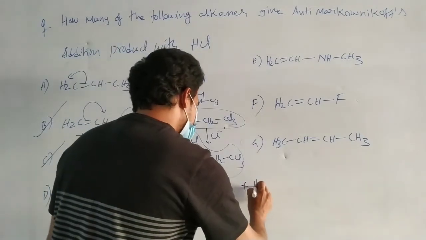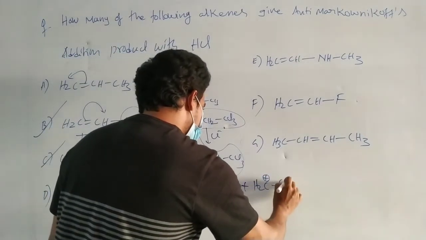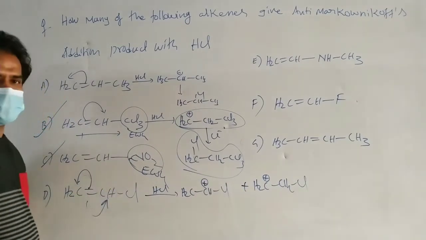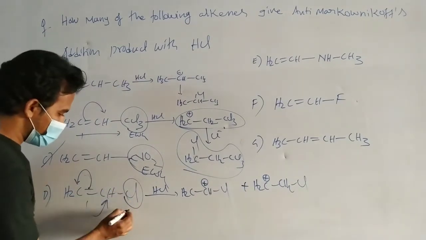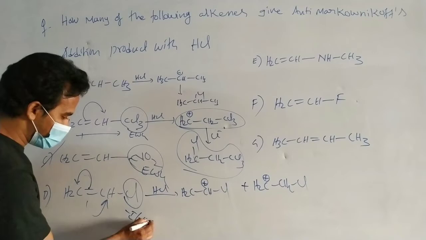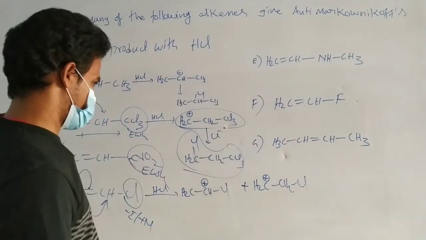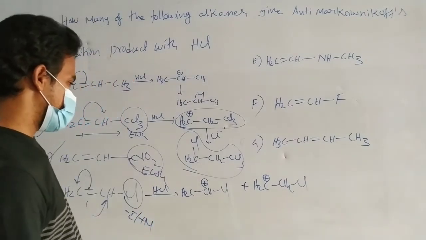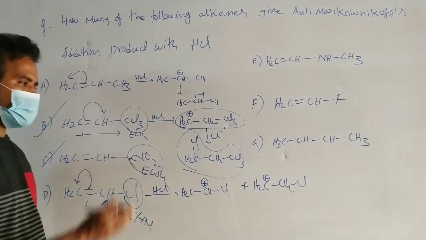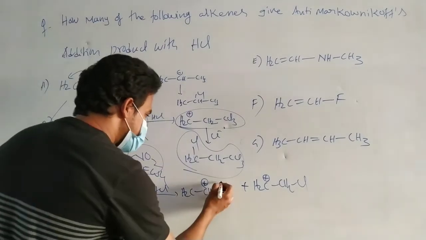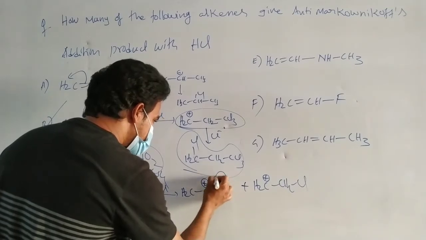Another possibility is protonation on the other carbon. Here Cl is a minus I group as well as a plus M group; you know that, minus I as well as plus M. After protonation, which cation is most important?